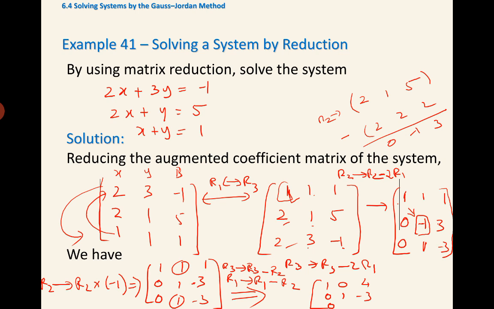Subtract them, you get they are the same, so you get a 0 row. Yes, the same. So the 0 row is at the bottom, leading elements are 1, and the second leading element is to the right of the previous one. So this is the reduced form. We got the reduced form. By using the reduced form, how do we write the answer? That's our next step.